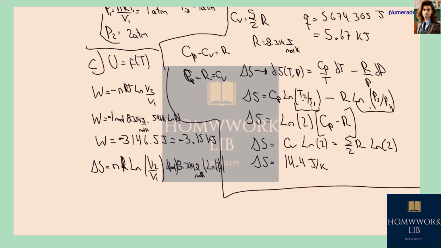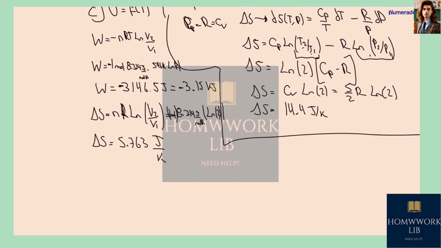So in this case, the result would be 5.763 joules per Kelvin. In this case, we could also have used the fact that delta S is equal to the reversible heat divided by the temperature for this process.